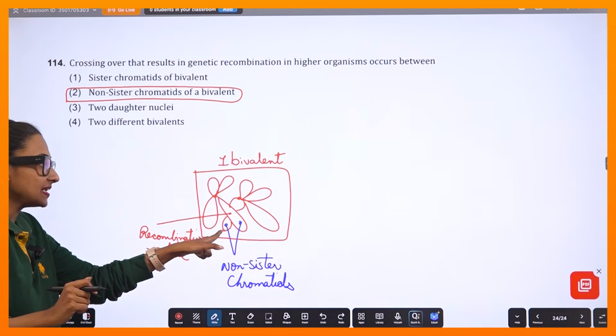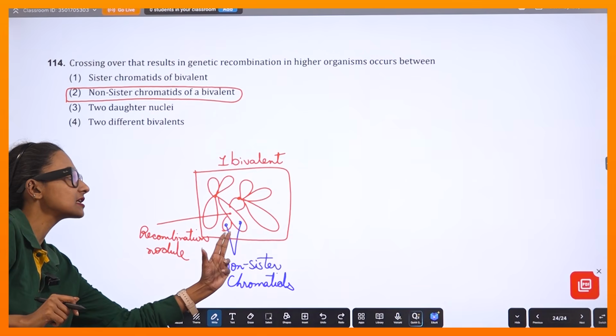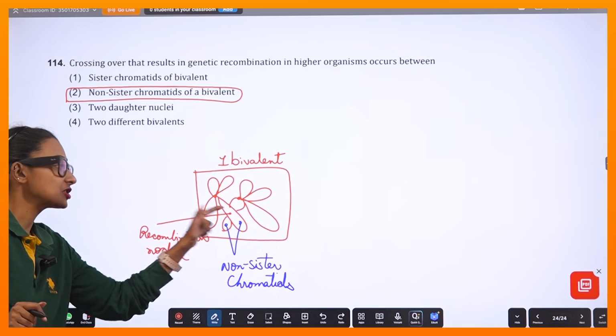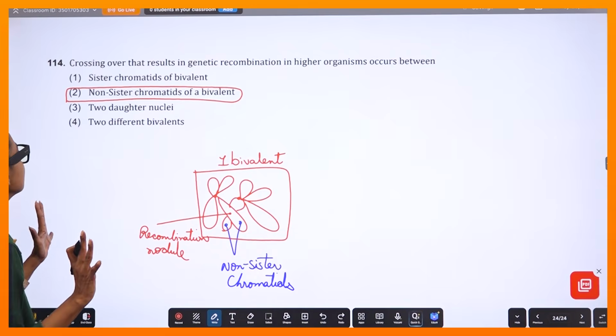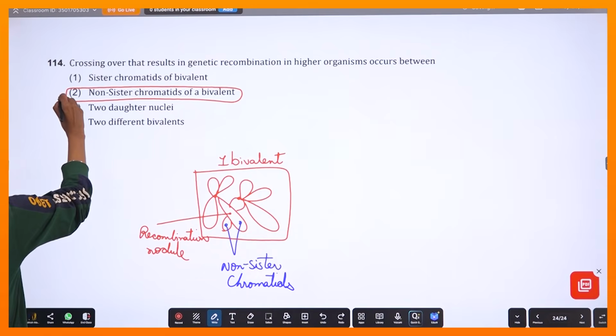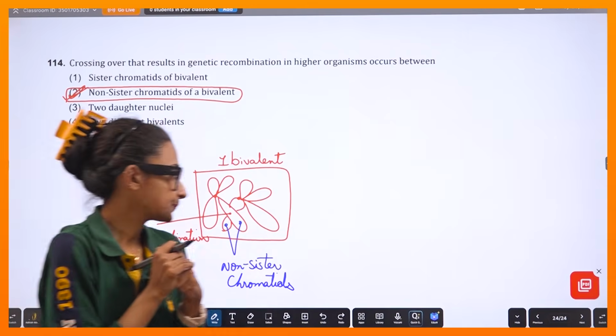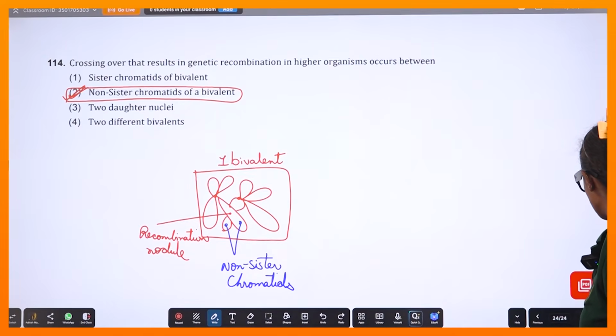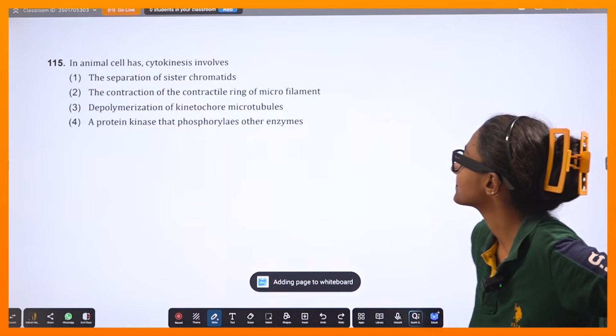So within a bivalent, between non-sister chromatids, a recombination nodule is formed and crossing over takes place. So option number 2. One bivalent is one pair of homologous chromosomes. All right. Okay.